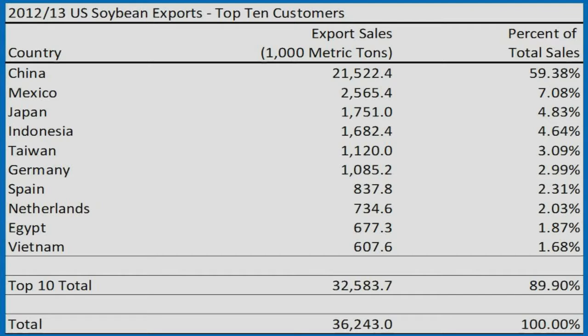The one thing that you can see here is that in 2012-13, those top 10 countries represented about 90% of all our soybean exports. So we've got a lot more countries that we're exporting soybeans to, but really and truly, these are the ones that drive our export demand on a year-in, year-out basis.